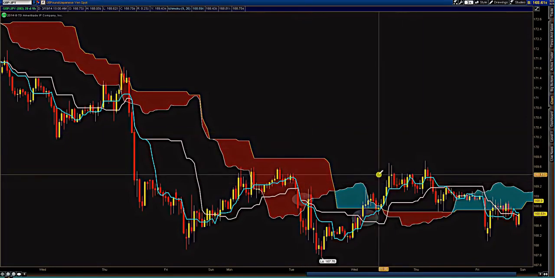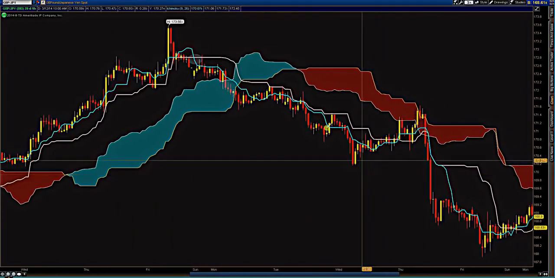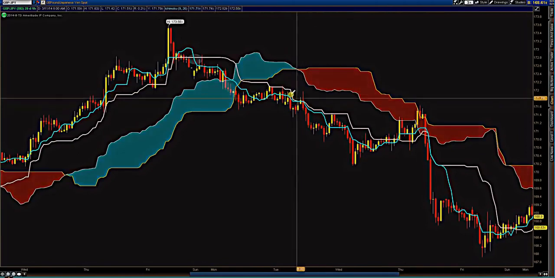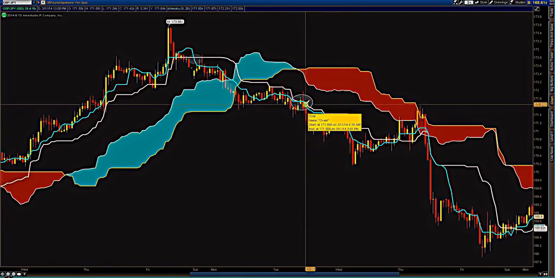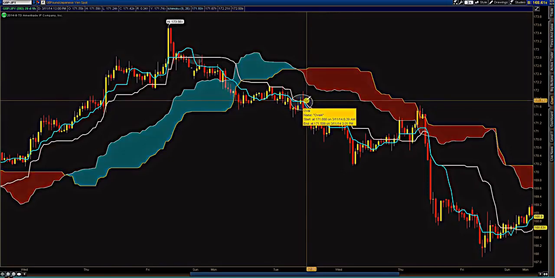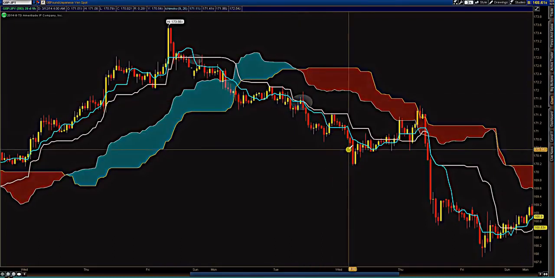And a strong cross is when, in this case we have it right here, the Tenkan-sen crosses below the Kijun-sen, below the cloud. So we have a bearish cross in bearish territory. That's a strong indicator, and in this case it worked out well too.